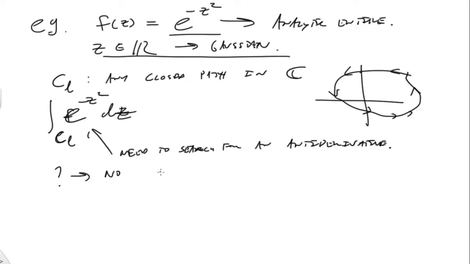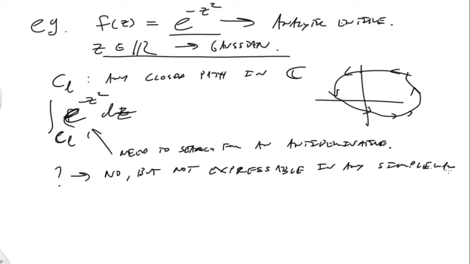And the answer is no. Certainly an antiderivative exists, but it's not expressible in any simple way. We can't just find one easily. So I have no closed form expression for an antiderivative of e to the negative z squared. So I can't use the antiderivative theorem from before to compute this.